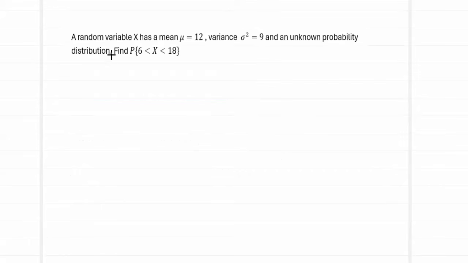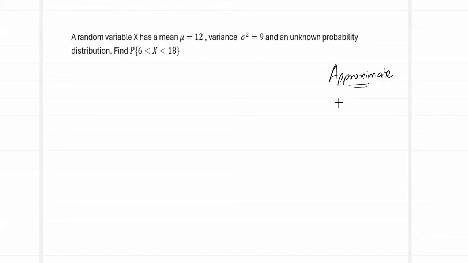Problem number 1. A random variable x has a mean mu equal to 12 and variance sigma square equal to 9 and an unknown probability distribution. We have been asked to find the probability of 6 less than x less than 18. We have to keep in mind these inequalities just provide us with an approximate solution.